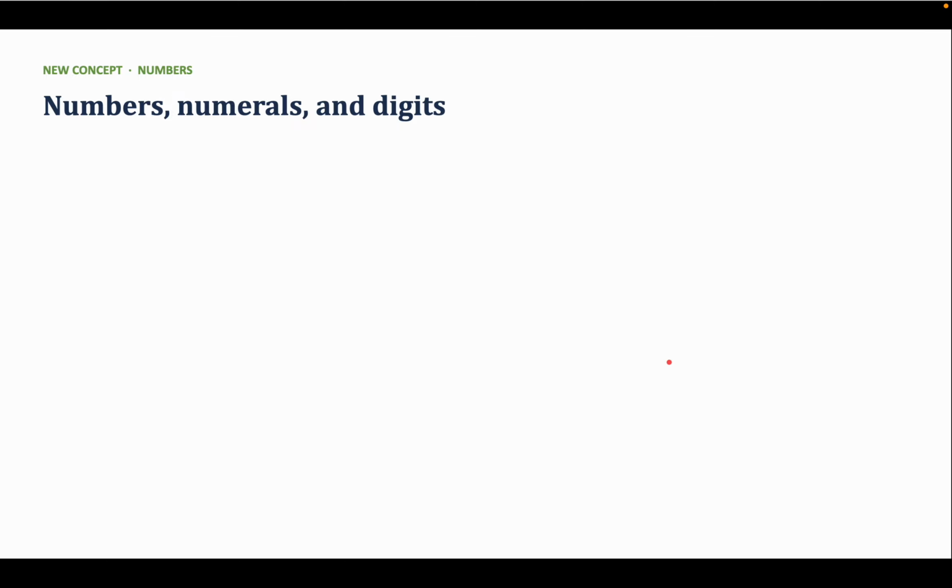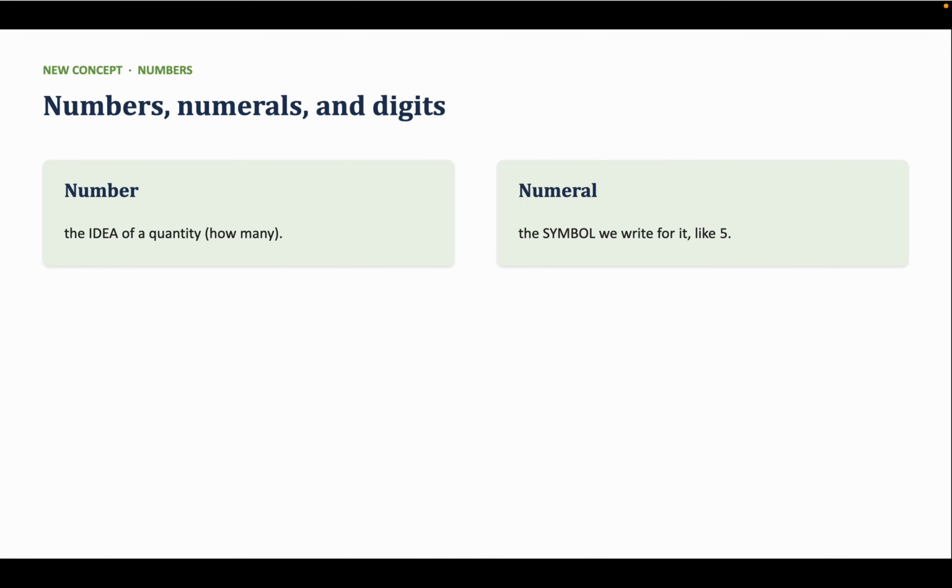All right, today, numbers, numerals, and digits. So first, a careful distinction. A number is an idea of a quantity, how many, like the amount of fingers on your hand. A numeral is the symbol we use to write for that idea, like the mark 5.